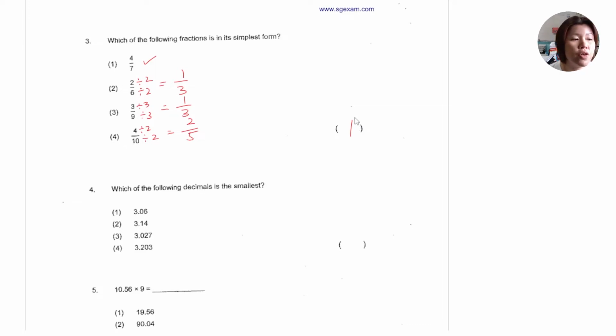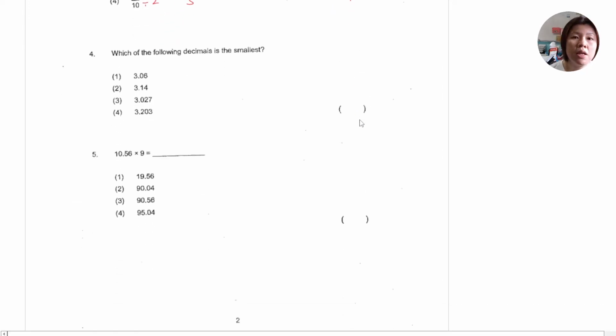Okay, let's move on to the fourth question. It's asking for which of the decimals is the smallest. So as usual, let's look at 3. All is the same. And then we look at 0, 1, 0, 2.